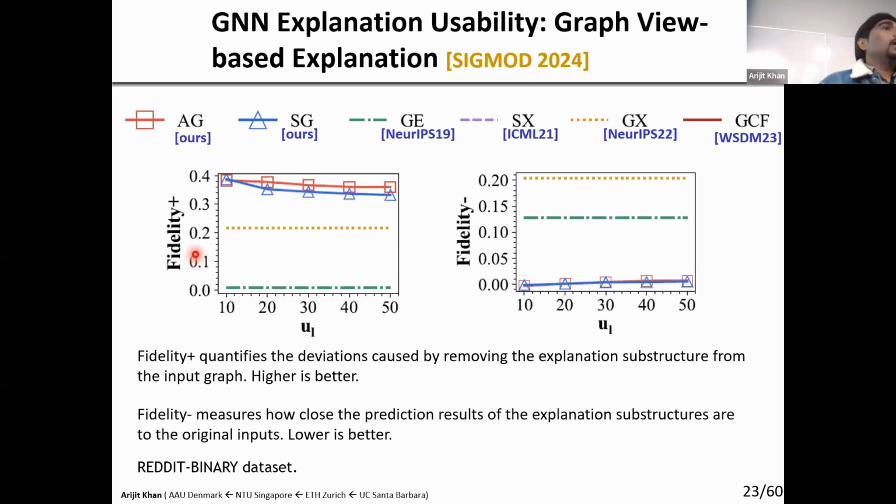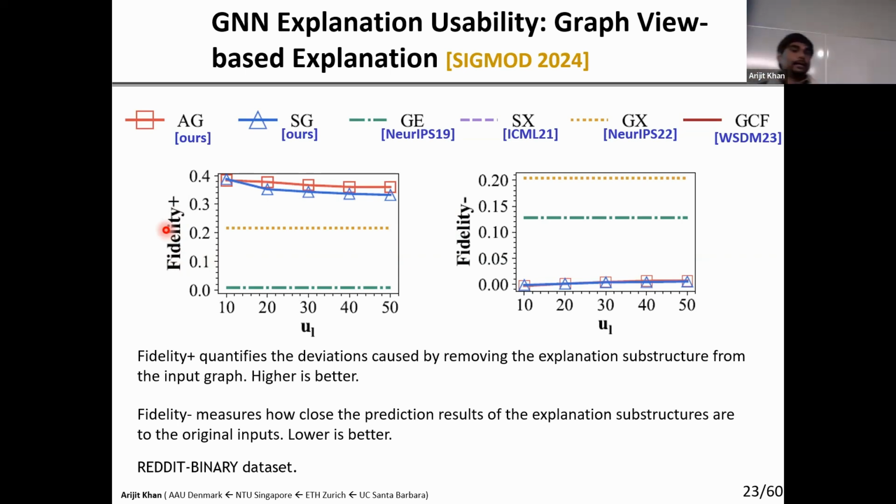So we have some metrics to measure the quality of our method, and these metrics like fidelity plus and fidelity minus are quite standard to measure the factual and counterfactual aspects of the explanation that we generate. So what fidelity plus measures is if you change your explanation, then how much the decision of the model changes. And if it changes a lot, that's a good thing.